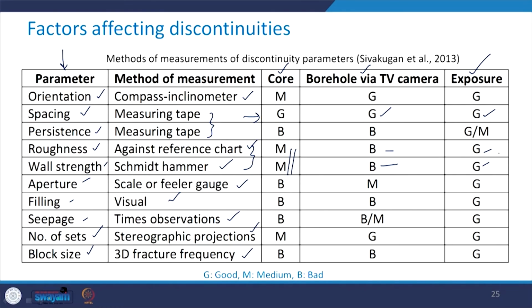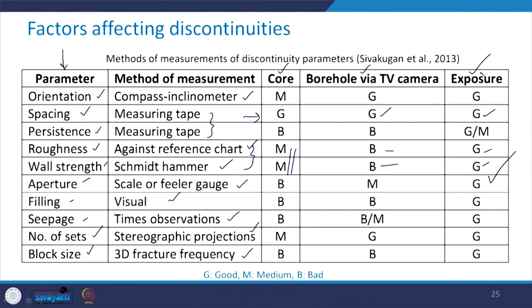So you observe one thing: when we take the measurement mostly from the exposed surface, or let us say we create some kind of a drift, a small tunnel, just to take these observations, then most of the time we get good quality data from this method as compared to core and borehole via TV camera.